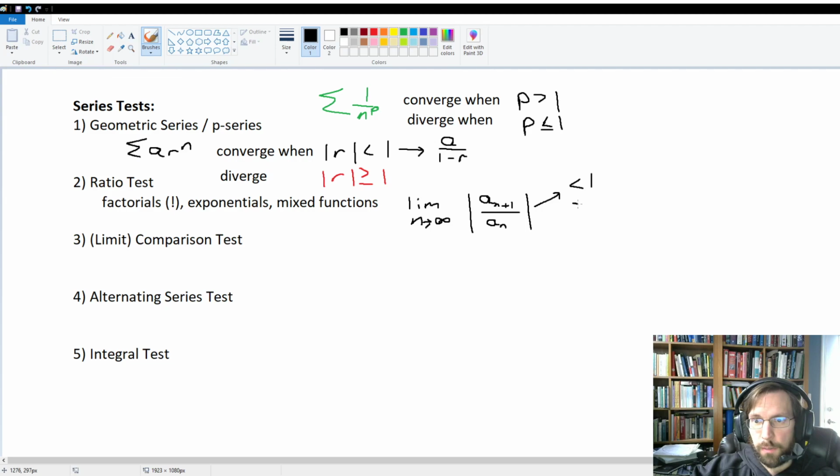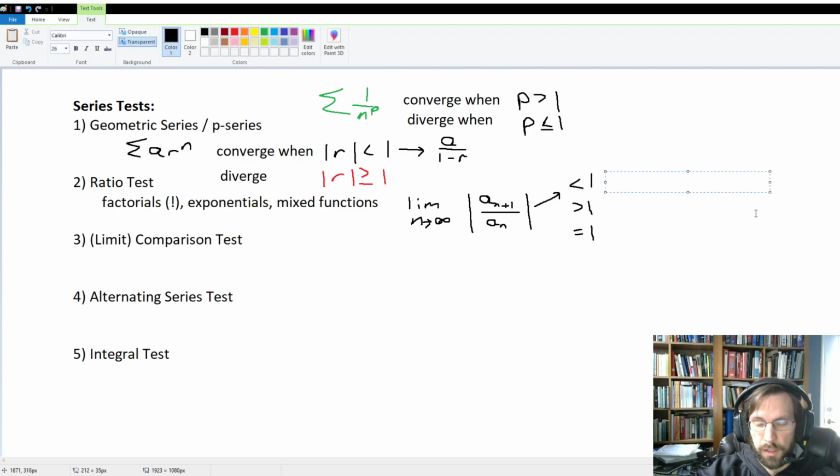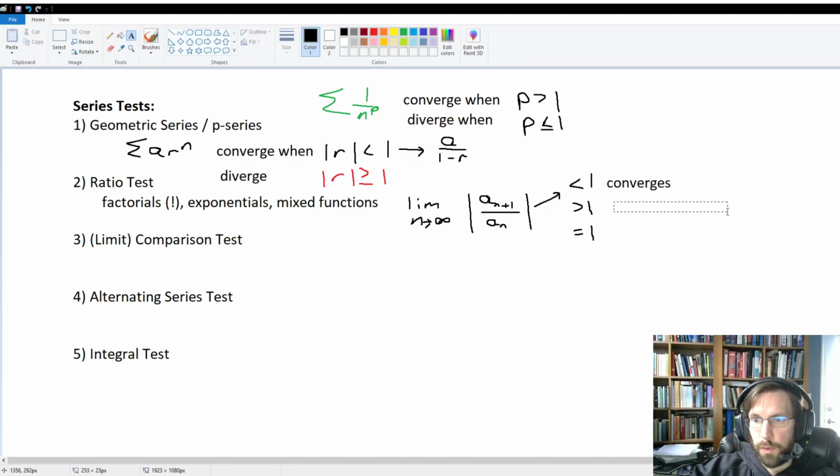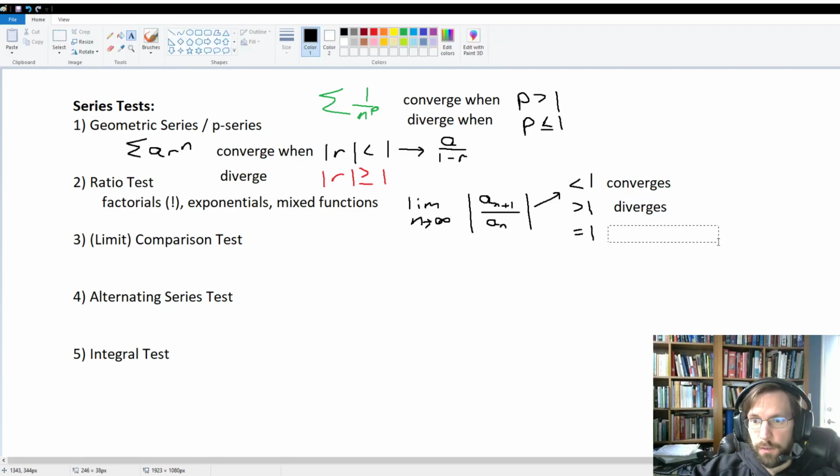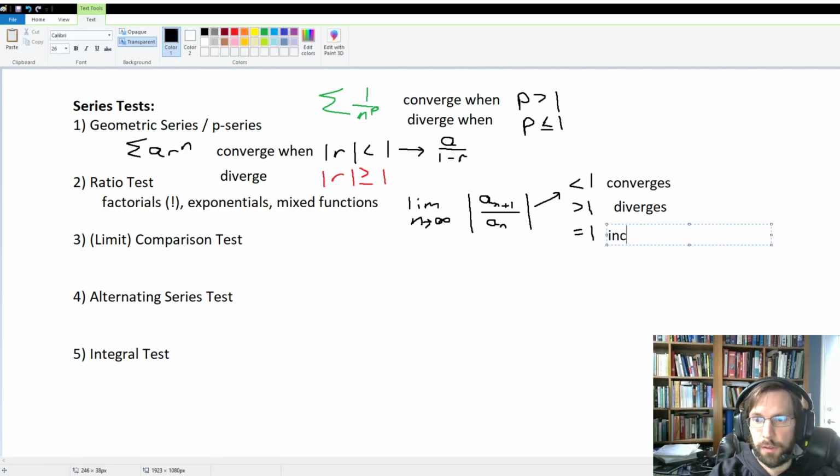If it's bigger than 1, it diverges. And if it's equal to 1, it's inconclusive.